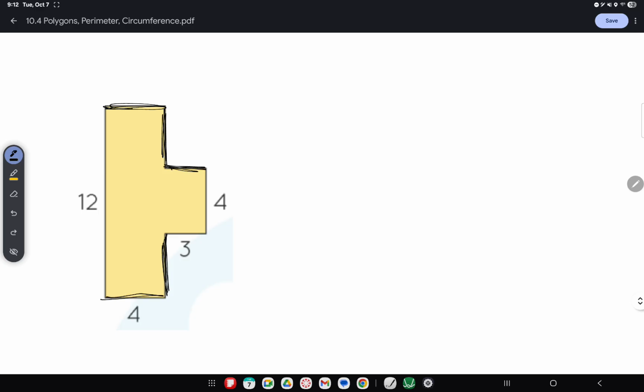So this length here is 4, and that's the same distance here. So that's 4. Similarly, this side matches up with this side, so that piece is 3. And then this entire side is 12, and I know that this chunk of it is 4. So 12 minus 4 is 8.